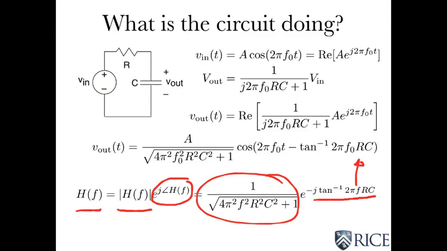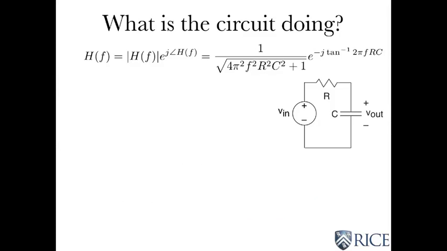And those are the pieces that fit in here. And a little subtle detail here is that here we assume the frequency was f0, and f0 occurs down in the expressions for the final output. I now want to think about the transfer function as a general function of f, as a function of frequency. That's going to be the key insight into what the circuit is doing. And so you'll notice the notation will change.